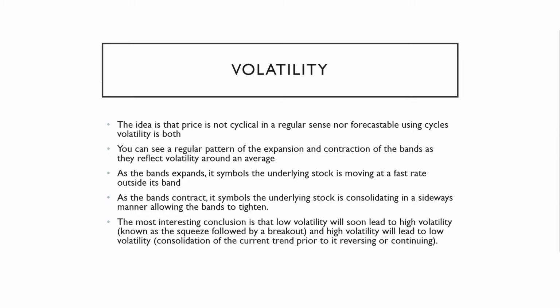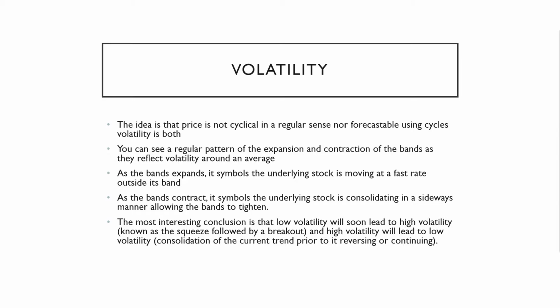It has to slow down sometime soon, consolidate, and then from there decide if it wants to move back in another uptrend or move down in a downtrend. That's what makes volatility forecastable, and also the fact that it moves in a cycle. Now you can see a regular pattern of the expansion and contraction of the bands as they reflect volatility around an average, as we were just talking about.